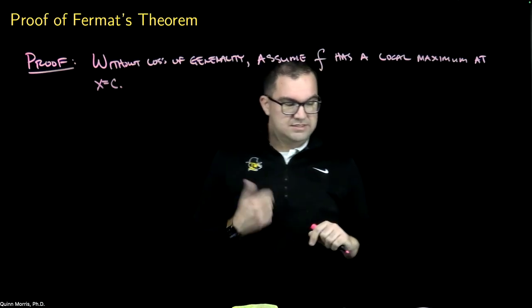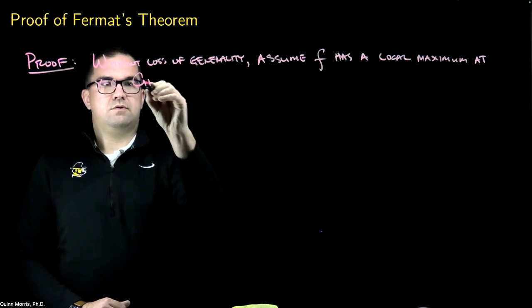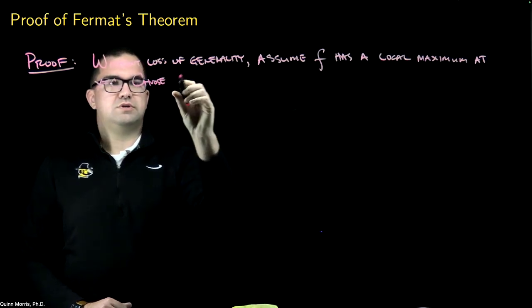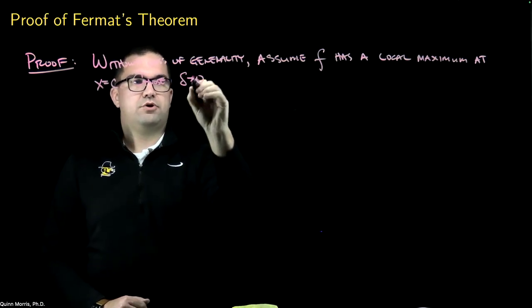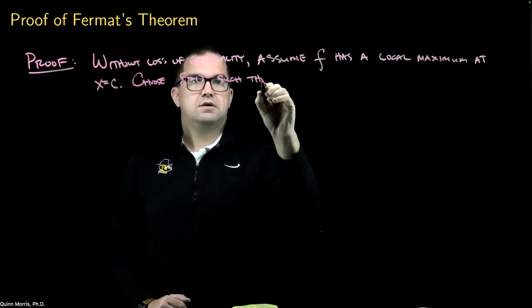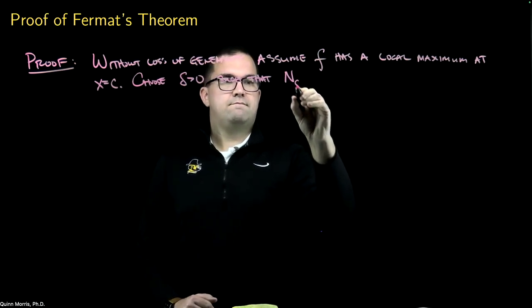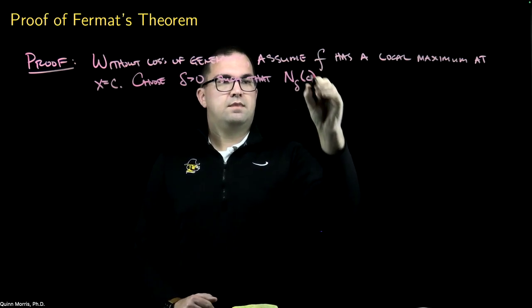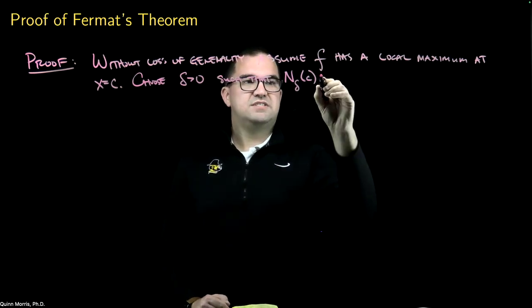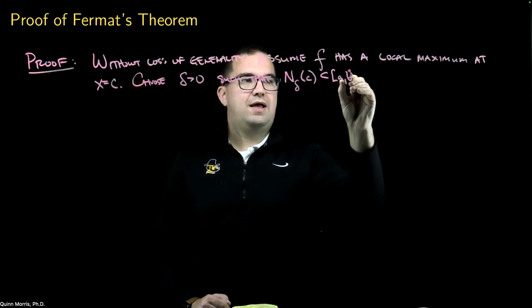Said another way, we can choose a neighborhood. So I'm going to choose a delta greater than 0 such that the delta neighborhood of c is entirely within the closed interval AB.